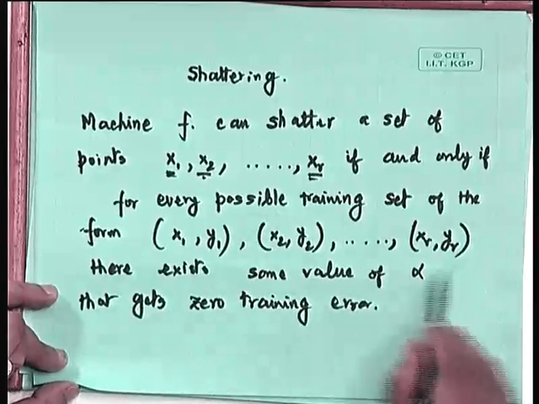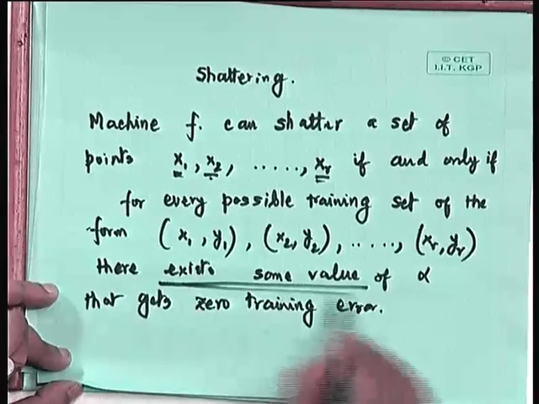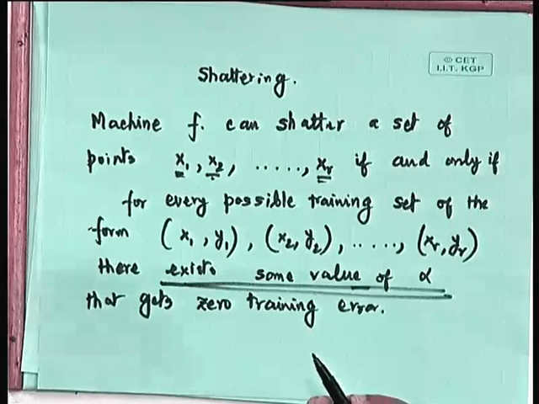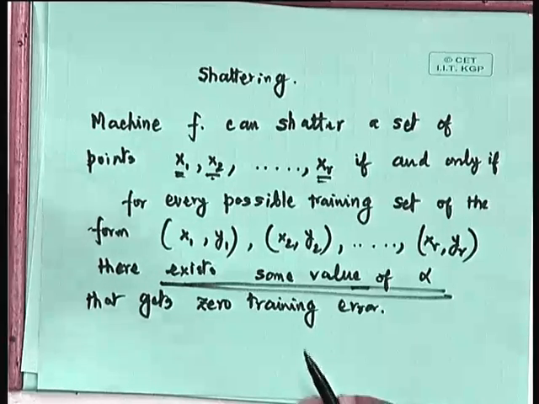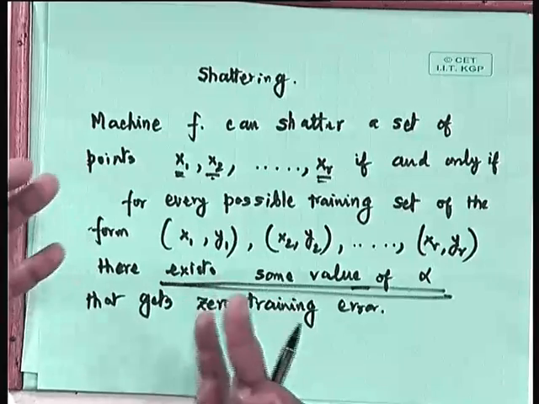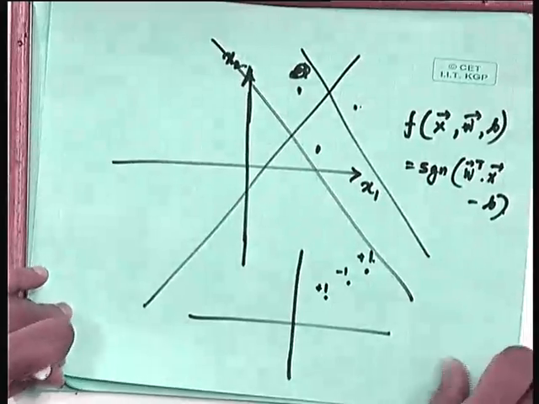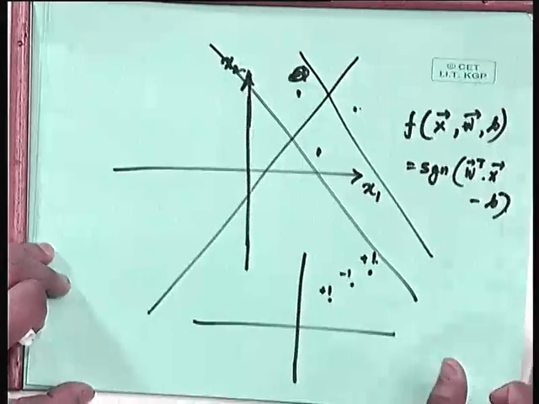So, what is the definition of shattering? Going back to the basic definition, machine f can shatter this set of points if and only if for every possible training set of this form there exists some value of alpha. That means if I can manipulate my w's and b's such that I can steer it towards a shatter, then it is possible. So, up to 3 points we can.